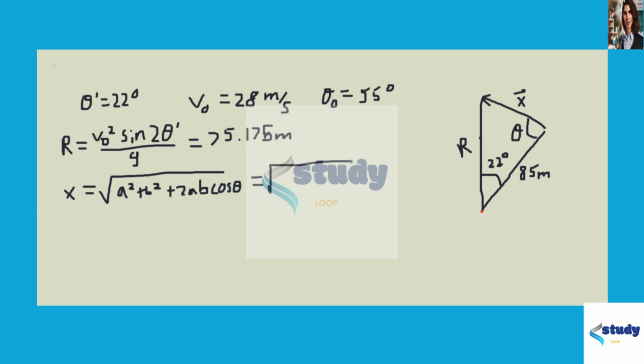It's R squared plus 85 meters squared plus 2 times R times (85) times the cosine of the angle, and the angle in question here is the 22 degrees.